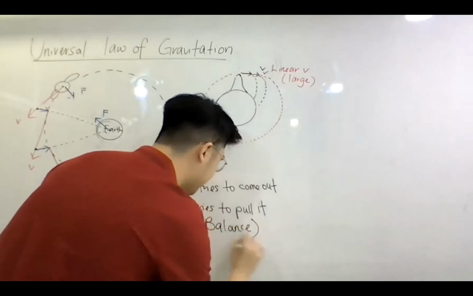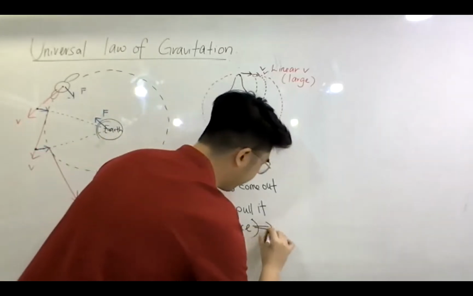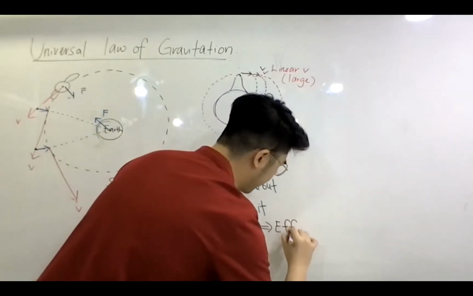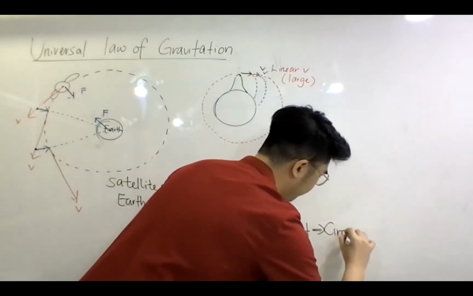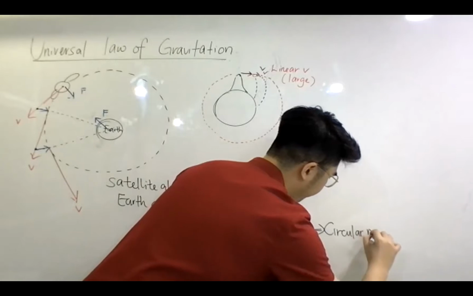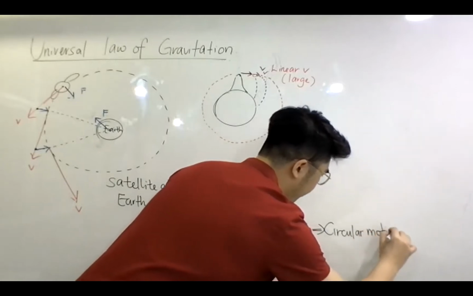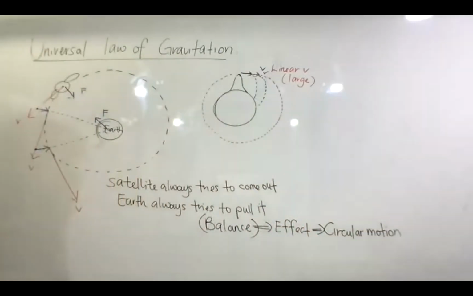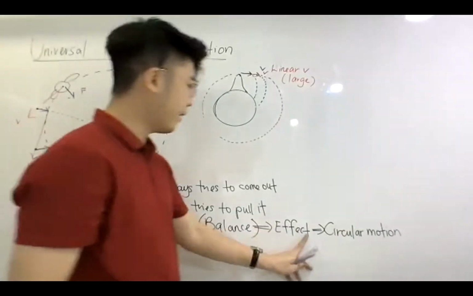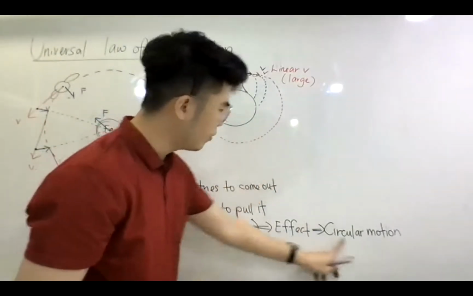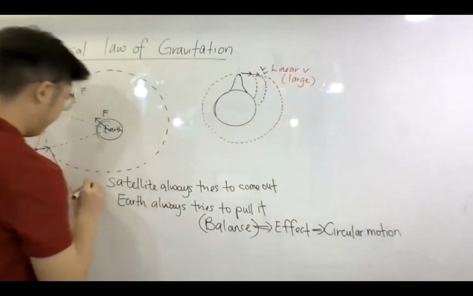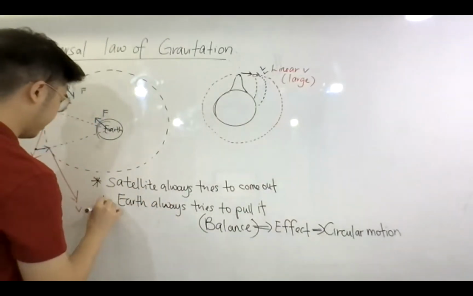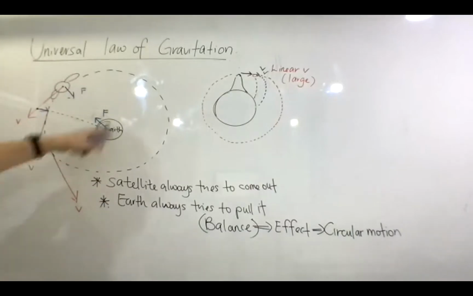And the balance, what is the effect that we see when it is balanced? The effect is circular motion. Please understand this, right? Balance, effect, what do we see as a result? Circular motion because of these two things, here and here. Like this.